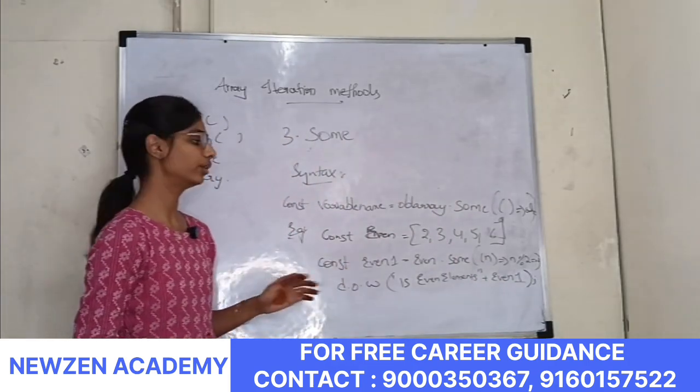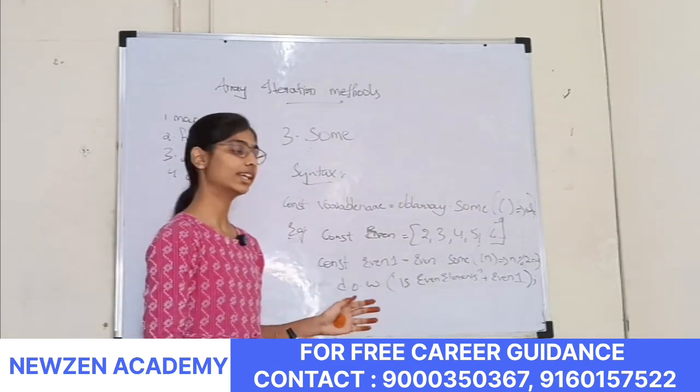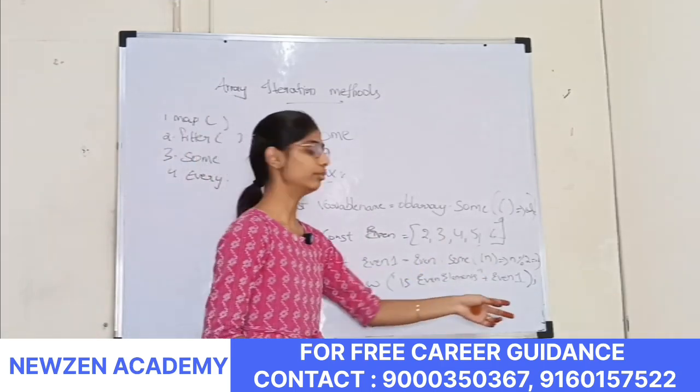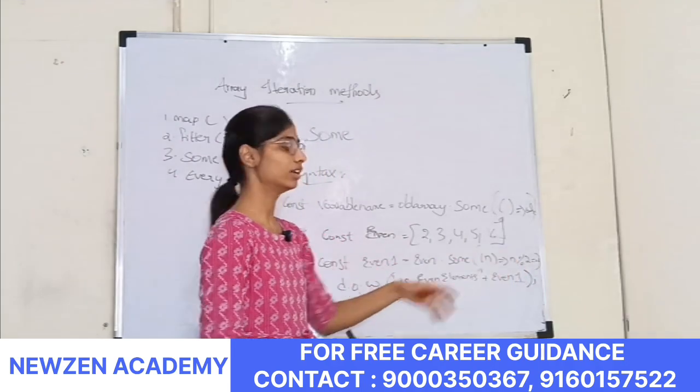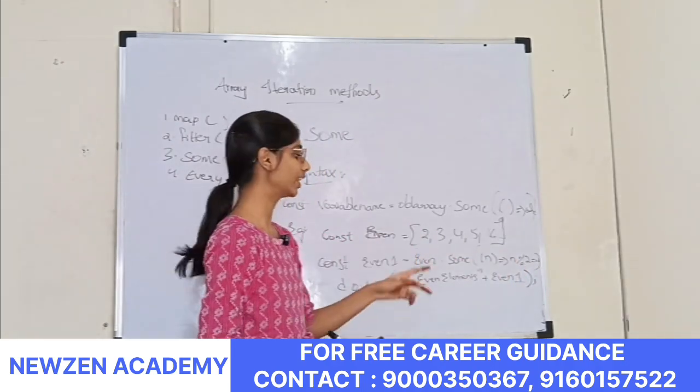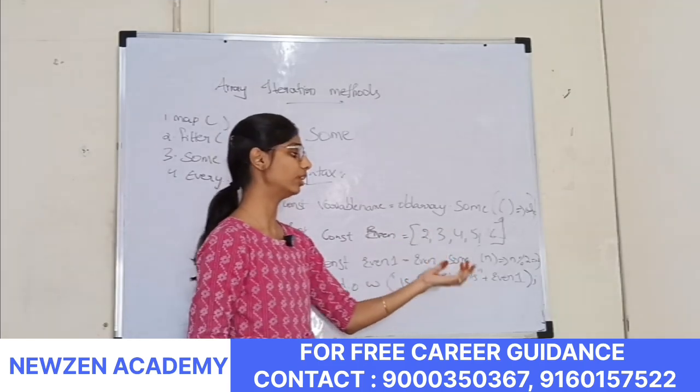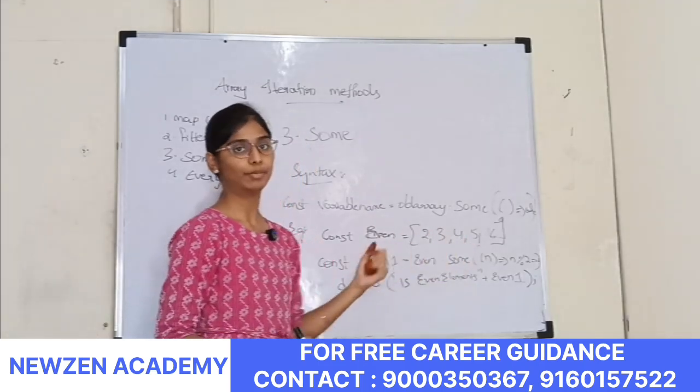Here in some method we are only checking whether some of the given values pass the condition or not. So n modulo 2, here the condition is even number. So in the given array elements 2, 3, 4, if even numbers exist, it will print the even numbers in some method.